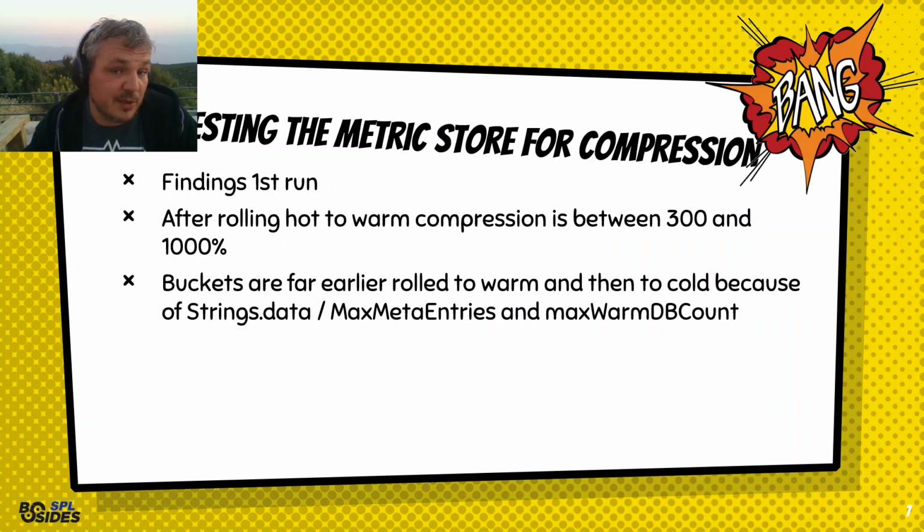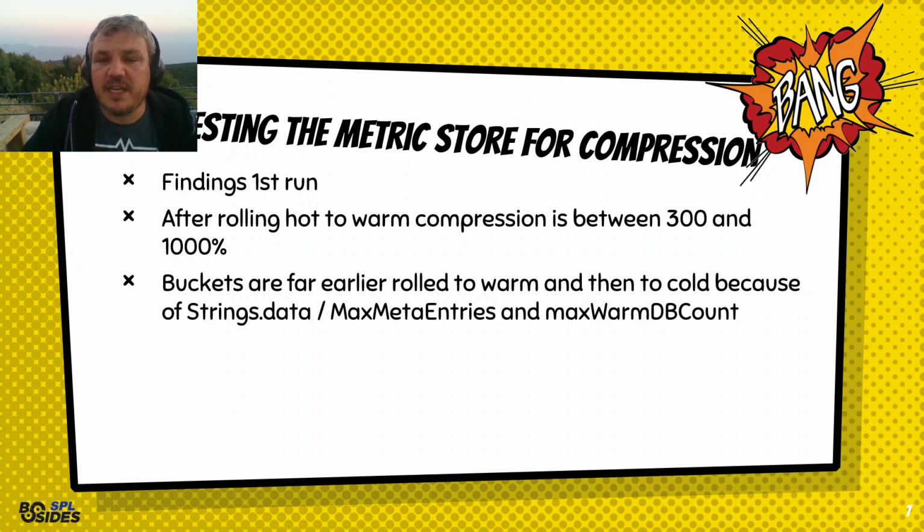So that's where I searched Slack, basically, and quickly found out that my problem is 2 things. Strings data, together with max meta entries, I'll explain that in a second, and maxWarmDBCount. So strings data basically contains pointers of your metric names and values, right?